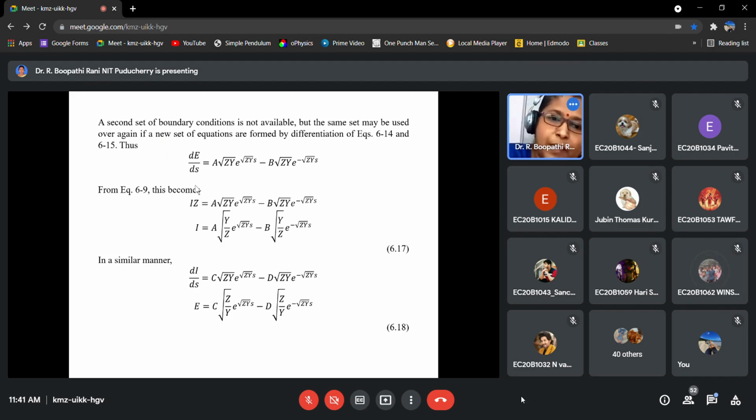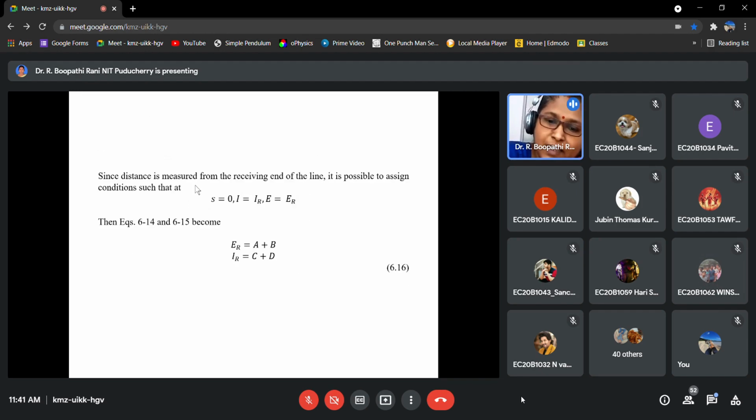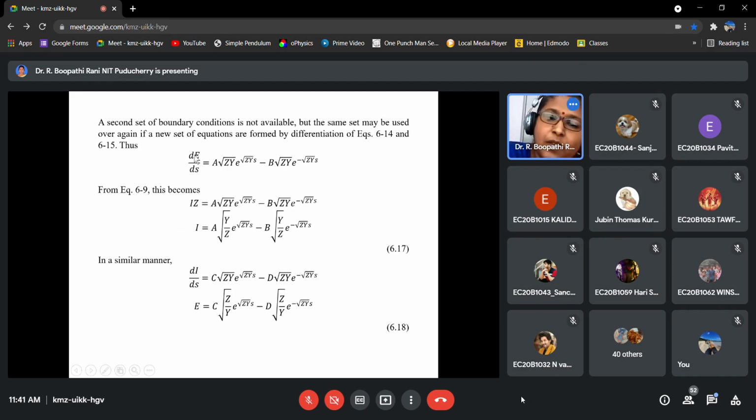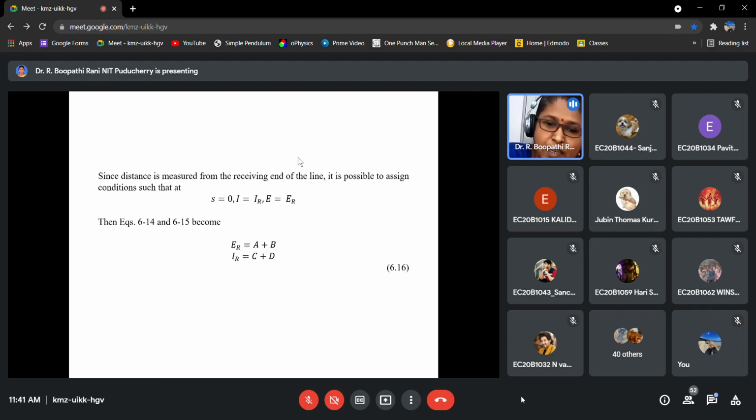So we are taking the same E and I relations and differentiating with respect to S. We are getting this relation: dE by dS we obtain as A root ZY e power root ZY S minus B root ZY e power minus root ZY S. Similarly, we can write for the second equation. The condition is, when S is 0, I is IR, E is ER.